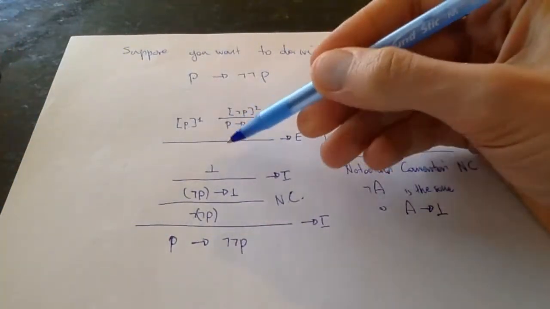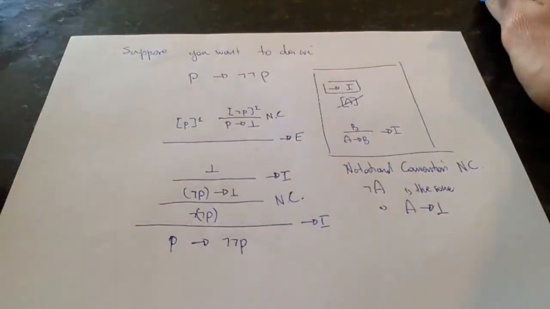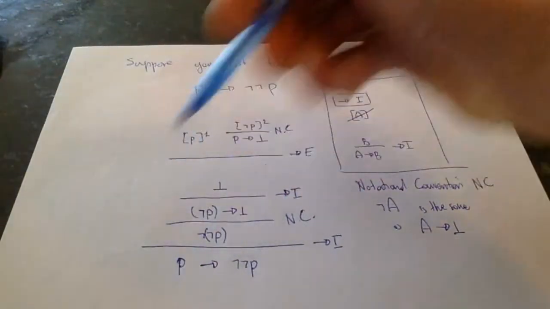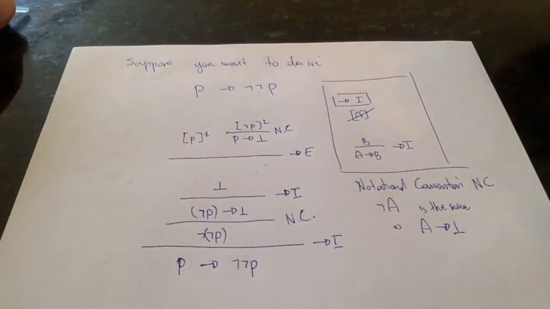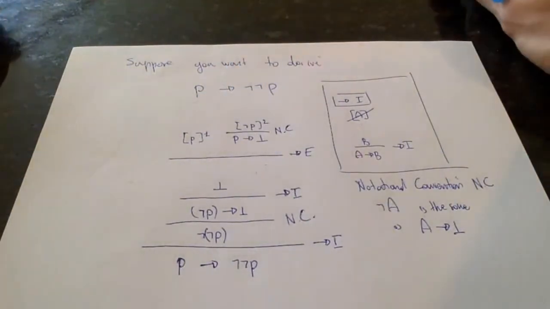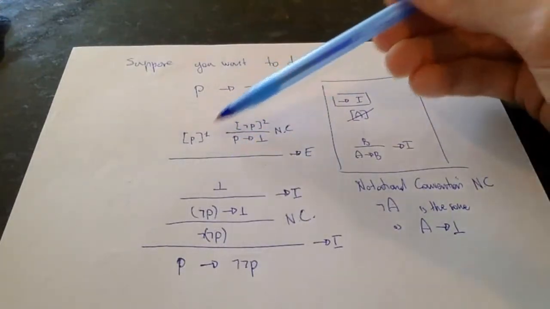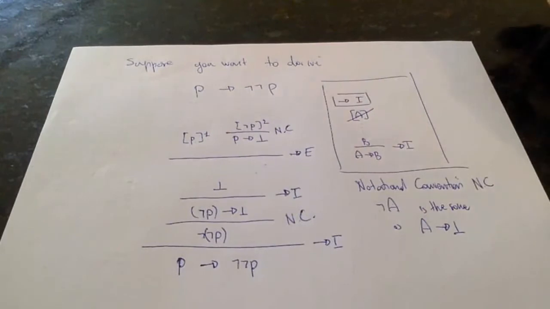I have some white space here just simply because I didn't know exactly how the derivation would go, so I put this assumption a little too far up, but it's no problem. So I got the contradiction, and essentially my derivation is done at this point. I've taken care of all the steps.